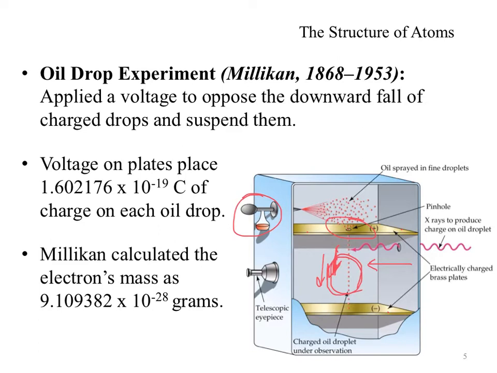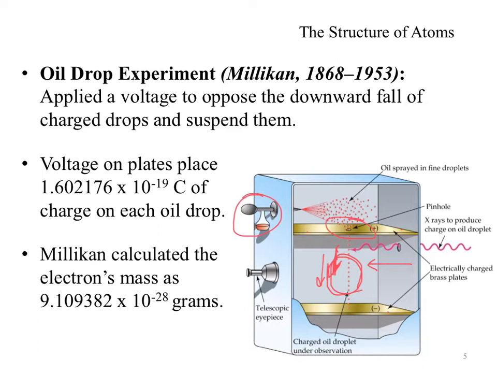By measuring the size of the electric field that was required for halting this free fall, and figuring out the masses of the droplets themselves by determining the radii, the density, all of that good stuff, Millikan was able to calculate the charge of each drop.